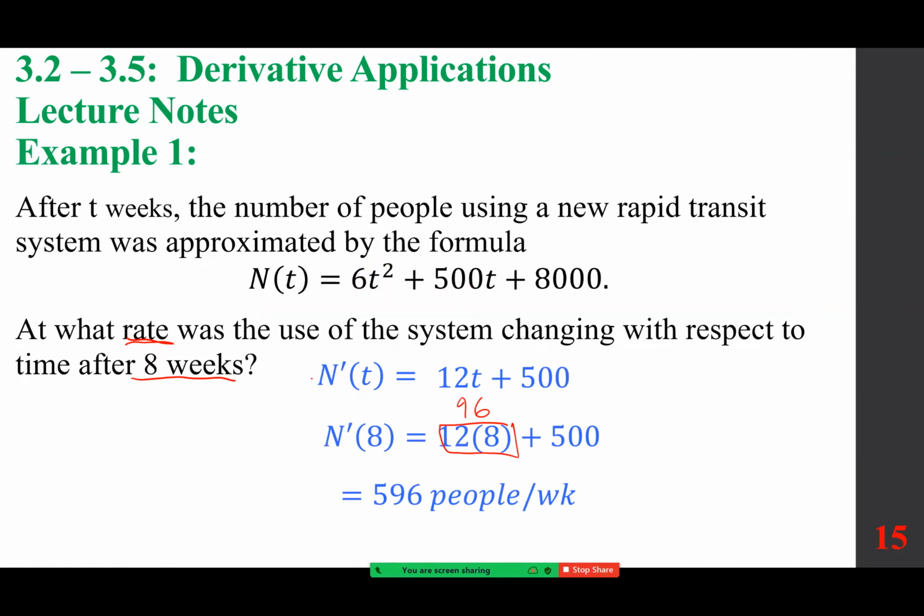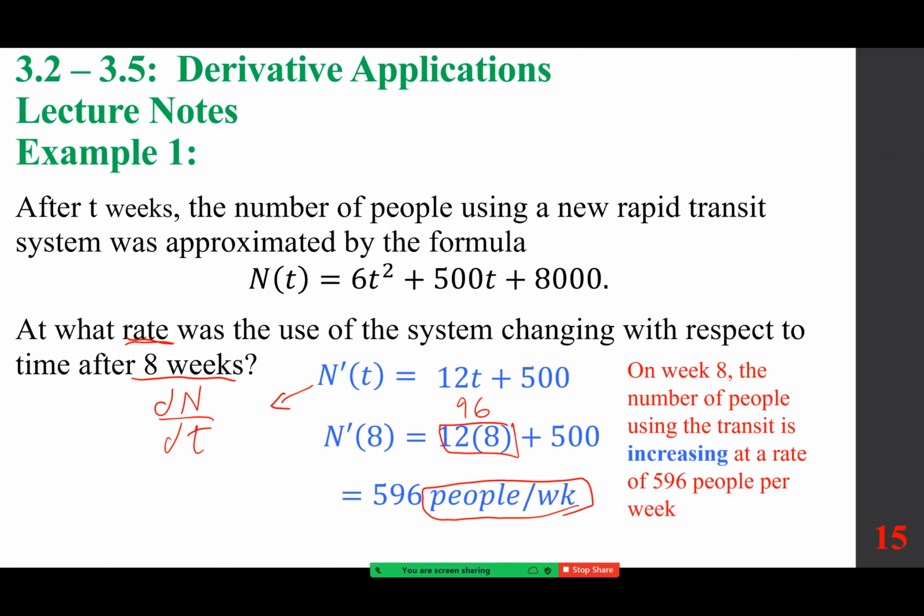It's important to see that n prime means dn dt, the change in n, the number of people, over the change in time. That's how we get this unit, 596 people per week. What does it mean?